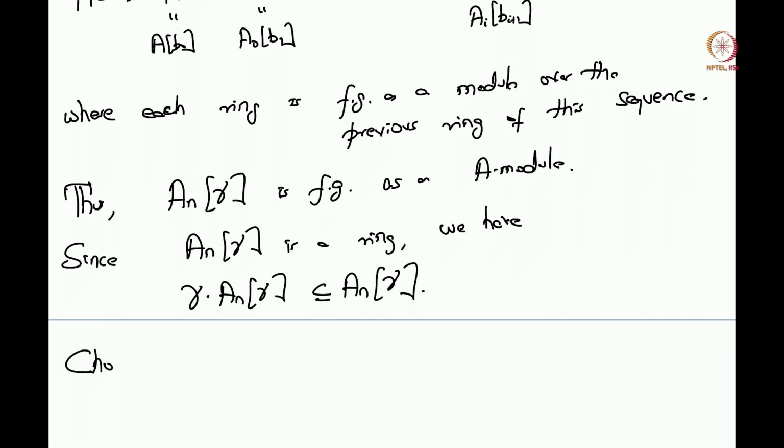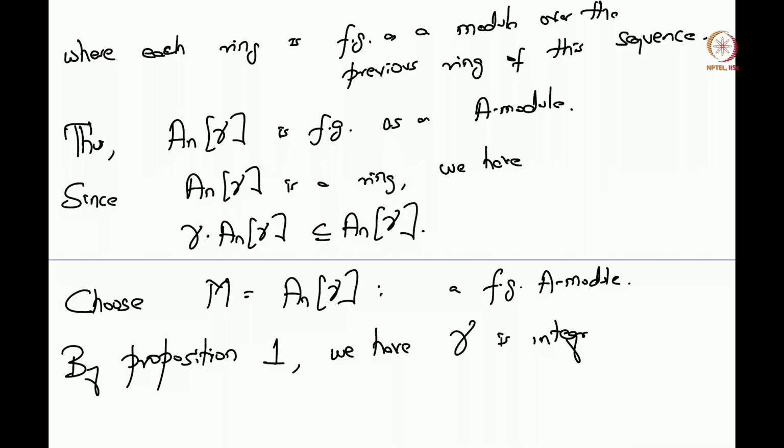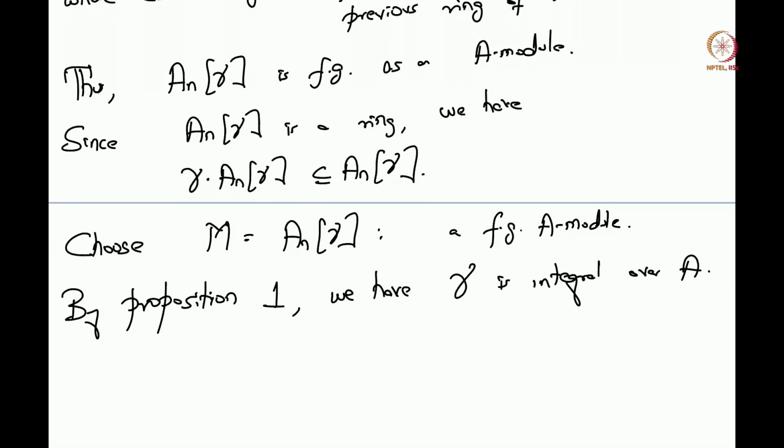And once again, now if we choose our module to be A_n adjoin gamma, this is a finitely generated A module, and again by proposition 1 of the previous lecture, we have gamma is integral over A. Okay, so this completes the proof of this proposition, that being integral is a transitive property.